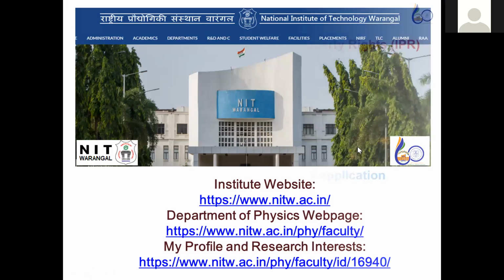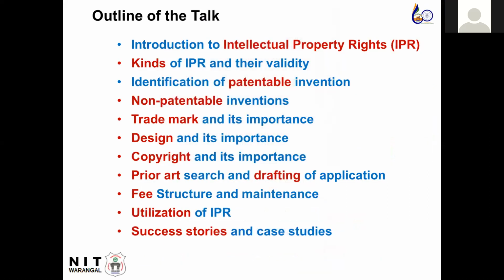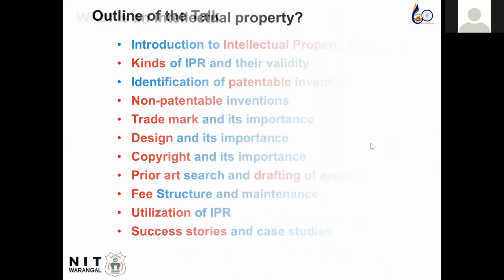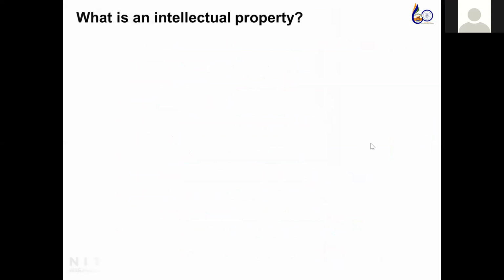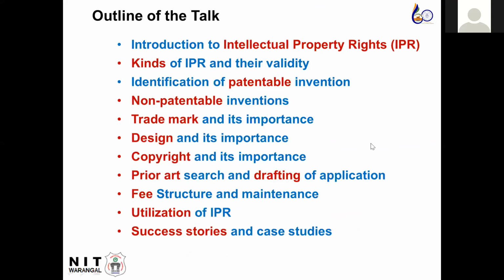Let me come to the outline of my talk. Let me first clarify what intellectual property right is, what it means, and the kinds of IPR and their validity. How to identify whether the invention you have done is patentable or not. There are other forms of IPR like trademark, design, copyright.